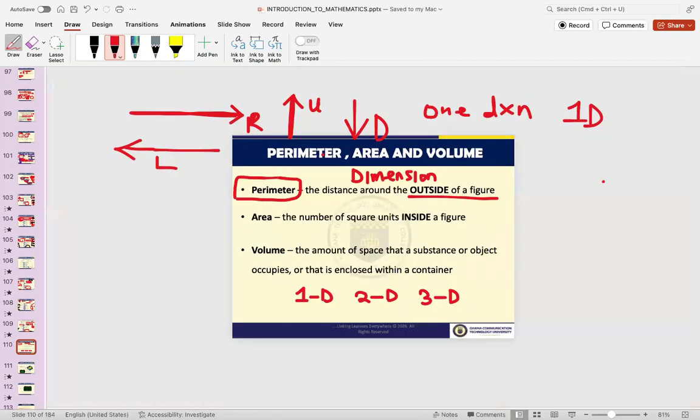So if I have this figure like this, and I decide to move around it, of course, you know that if I want to come back to my initial position, I'll just be going around the thing like this until I come back to my initial position. When you do this navigation, we say you are performing a perimeter. You are walking around the thing in one direction, and that's the 1D.